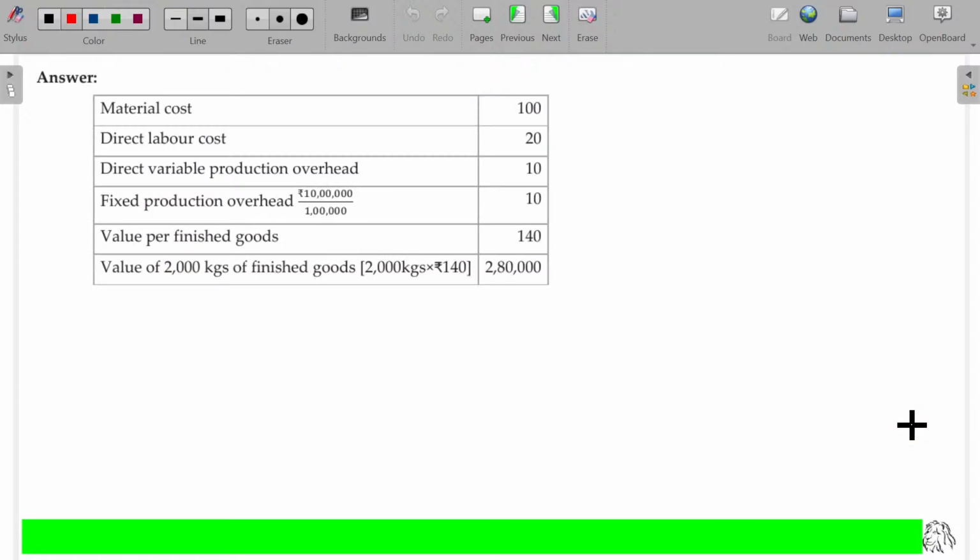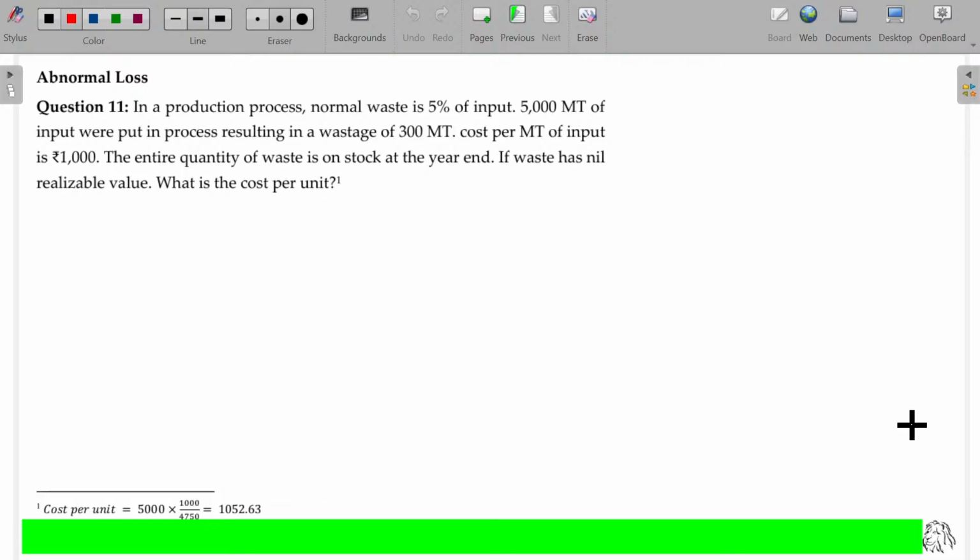Now, next question. In a production process, normally waste of 5% of input happens always.